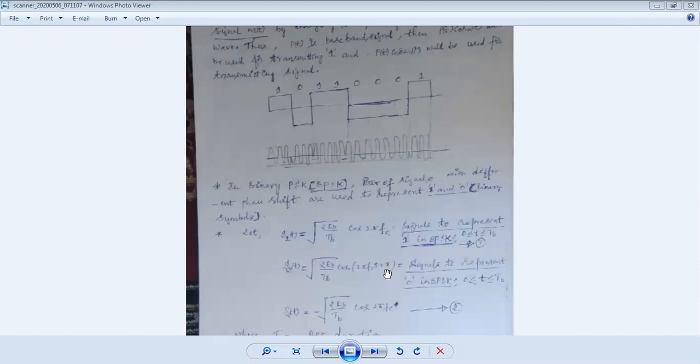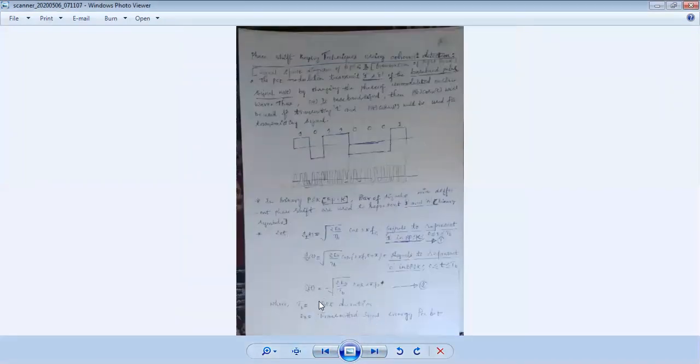The phase of the signal representing 0 has to be different from that. So that is why cos(2 pi fct plus pi) is used. So look back, S1 of t represents the passing of one bit in BPSK, which is coded in this form.